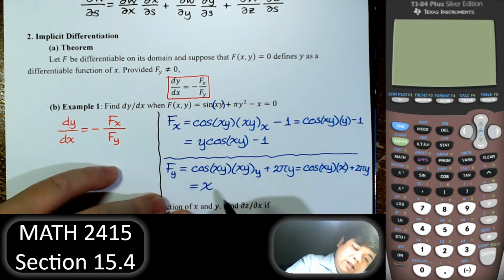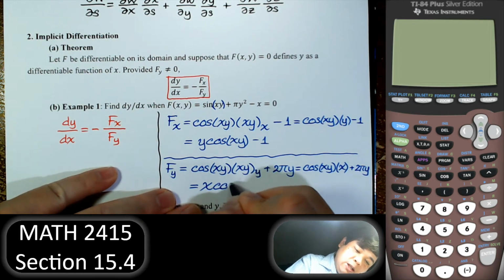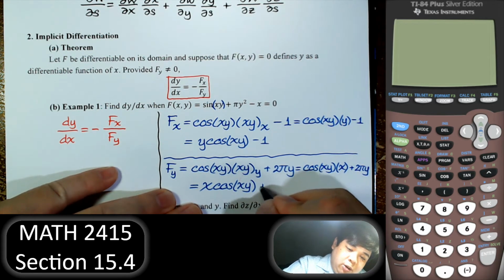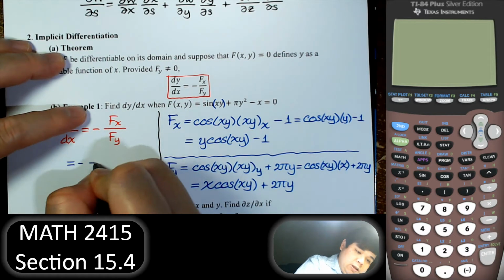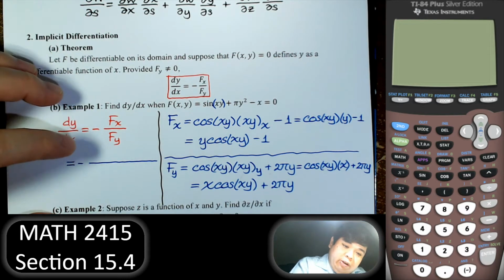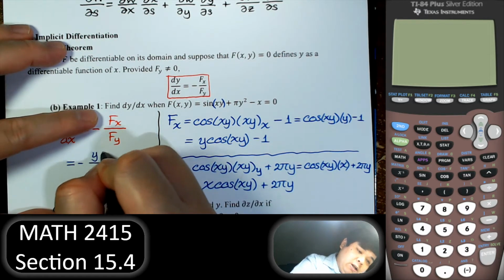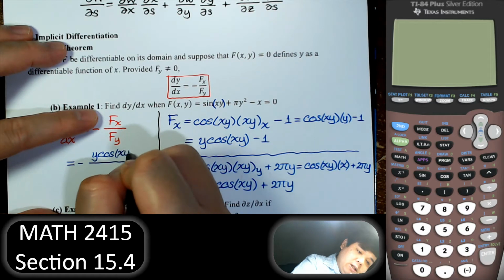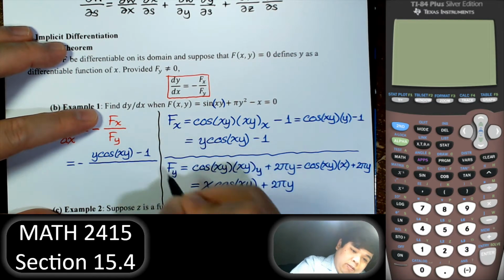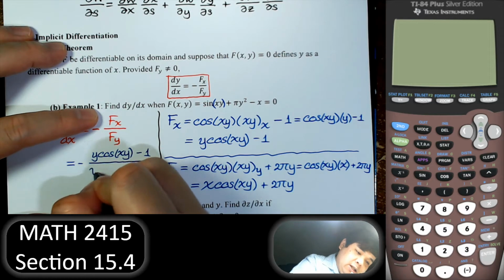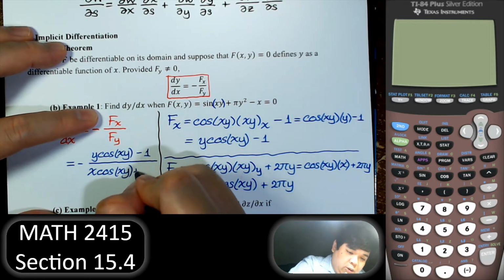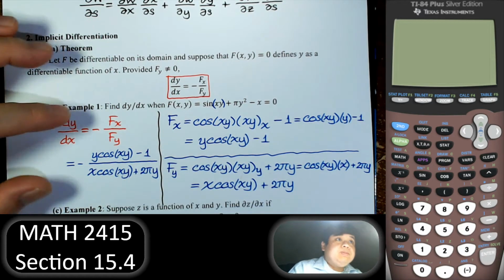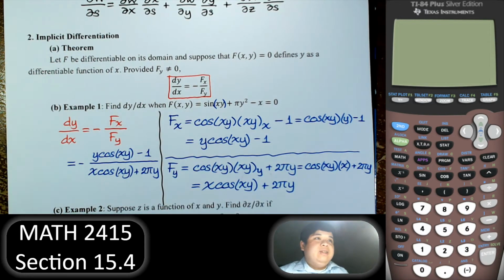So we're going to have x cosine of xy plus 2 pi y. So derivative with respect to x, y cosine xy minus 1. And then over this, x cosine xy plus 2 pi y. So that's what we have.